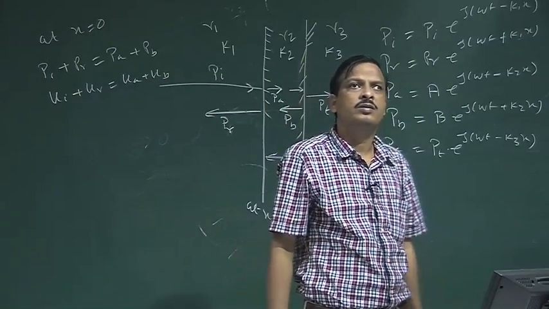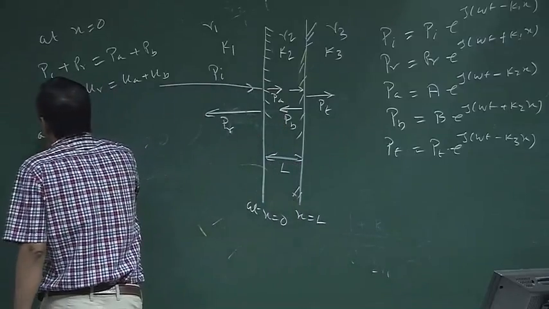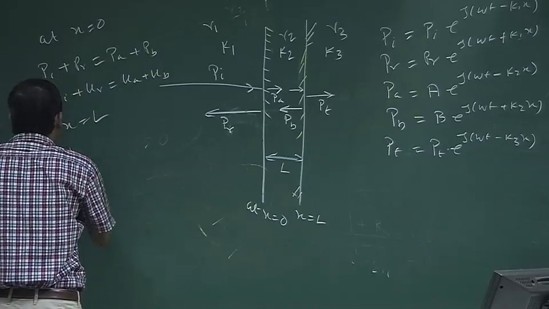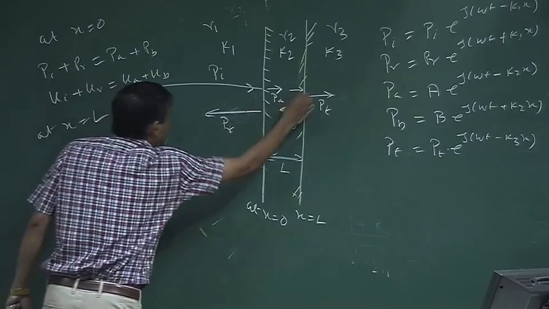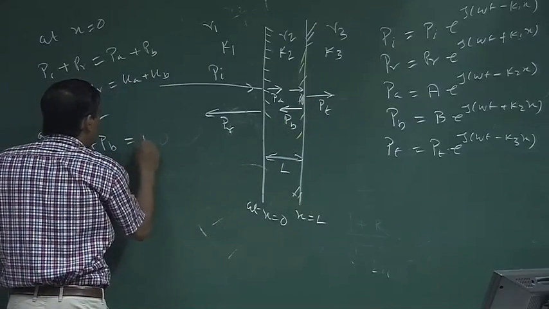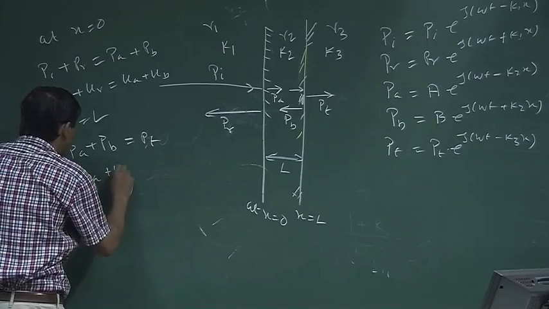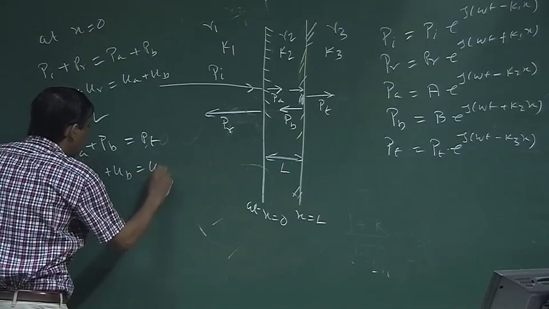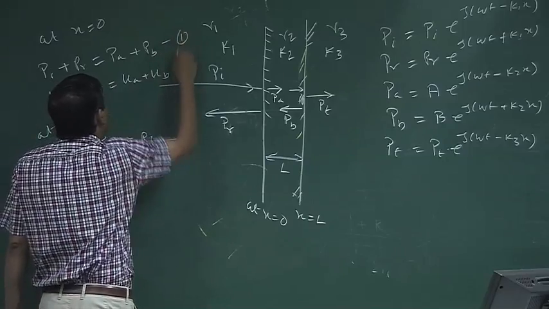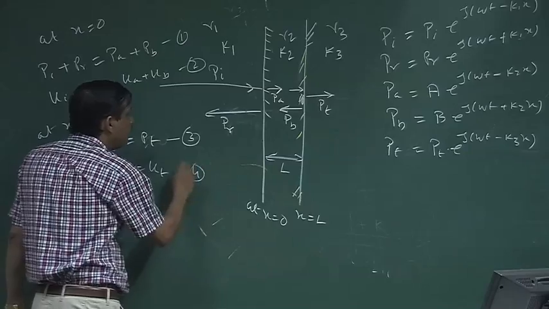But at x equal to L, the total pressure on this side, Pa plus Pb, is equal to Pt, and Ua plus Ub is equal to Ut. These are the boundary conditions, equations number 1, 2, 3 and 4.